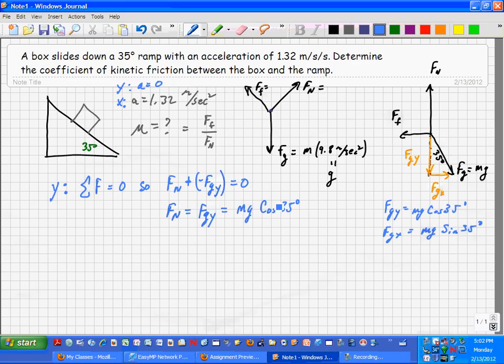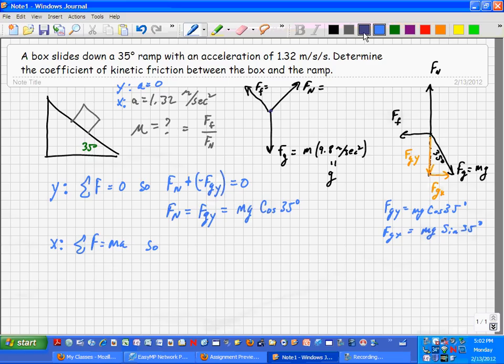All right, we'll hold on to that. In the x direction, the sum of the forces is going to be equal to ma.